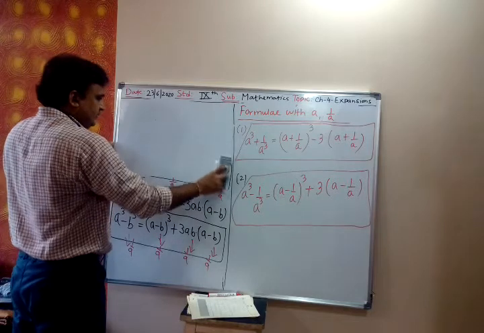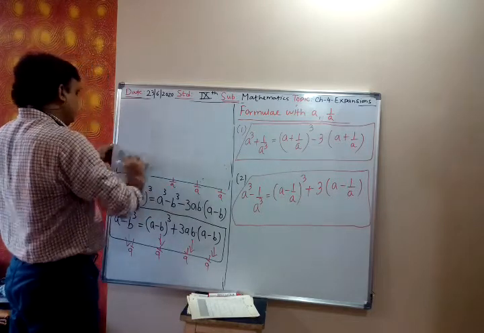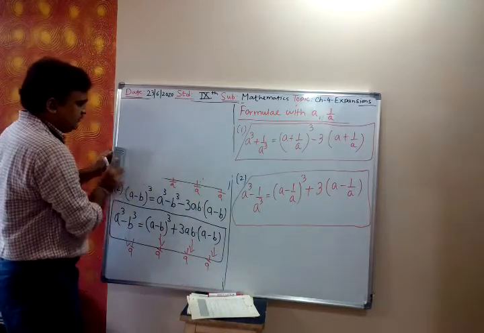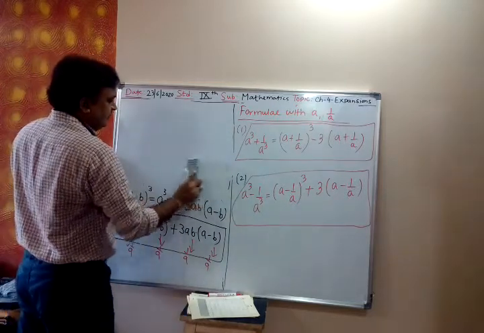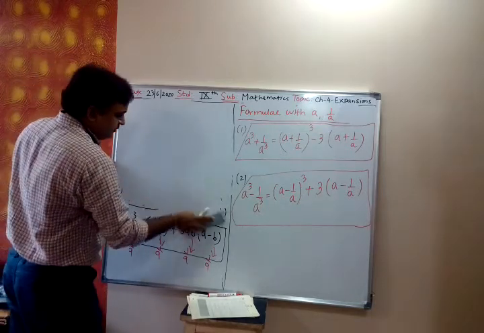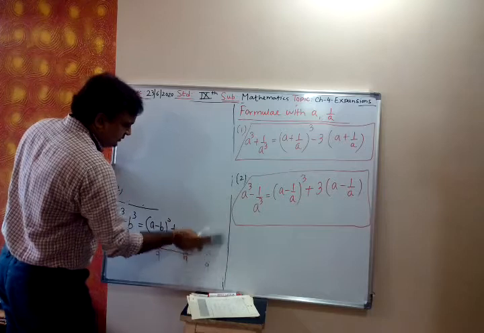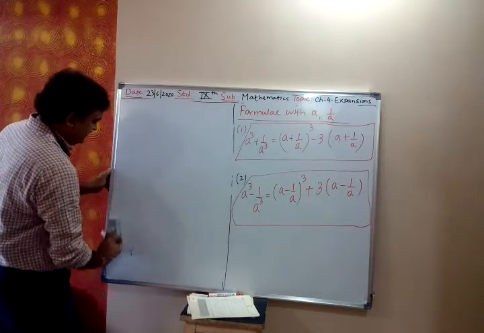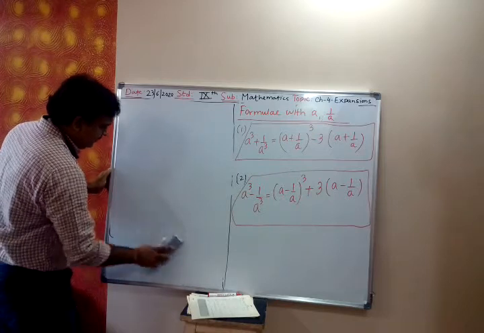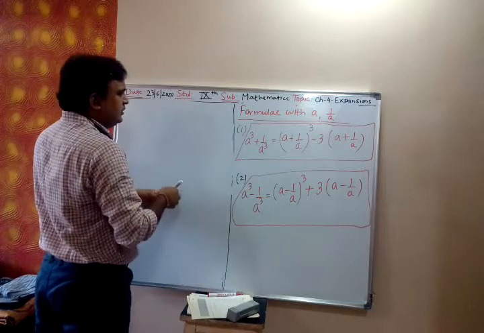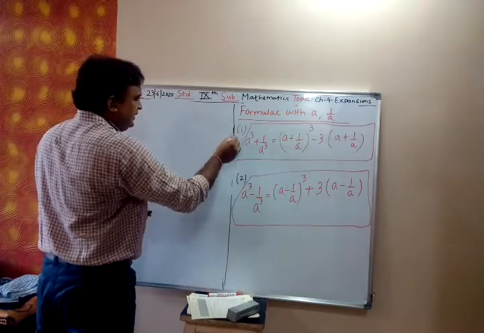Question number 1. Find the cube. That part I am going to give as homework, because such type of direct question, finding square or finding cube, you cannot expect in the ICSE board. Find the cube of means you directly write the formula for a minus b whole cube, a plus b whole cube, and get the answer.